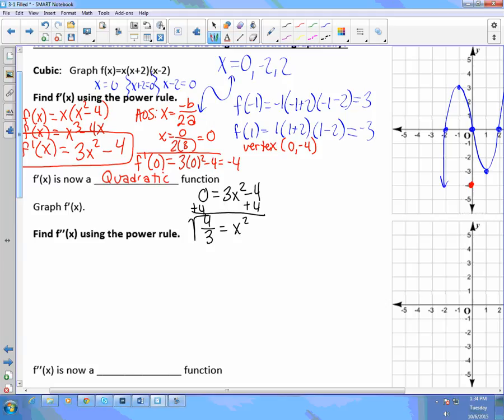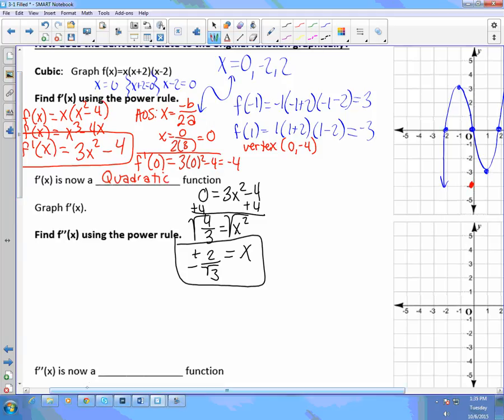We square root it. X equals 2 over root 3, but that would be missing one thing: plus or minus 2 over root 3. When you apply the square root yourself, you don't know if it's the principal root or the negative root, so it's plus or minus.